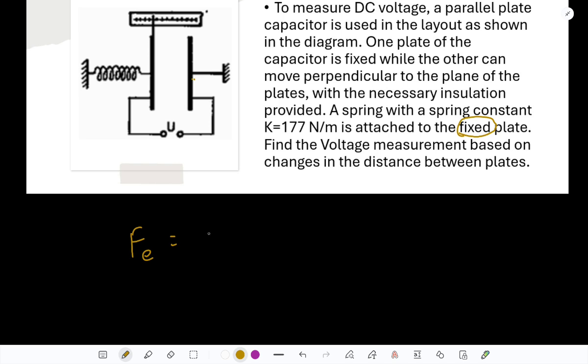equal to Q squared divided by 2 A epsilon naught.